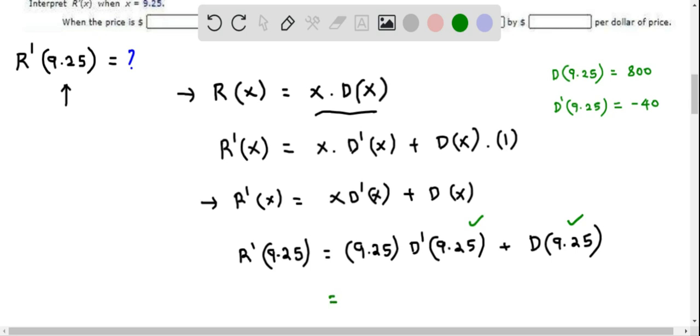So let's replace those values. We have 9.25 times D prime of 9.25 is negative 40. So here we replace this by negative 40 plus D of 9.25 is 800. So we replace this by 800.